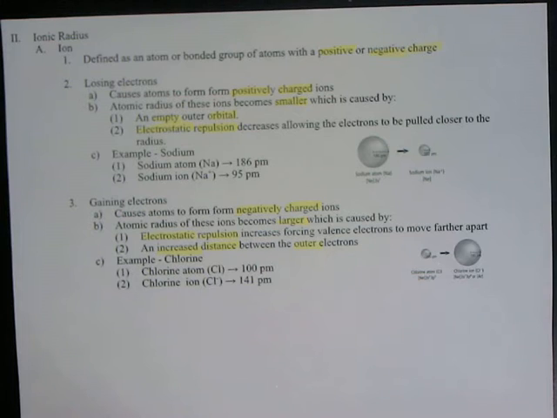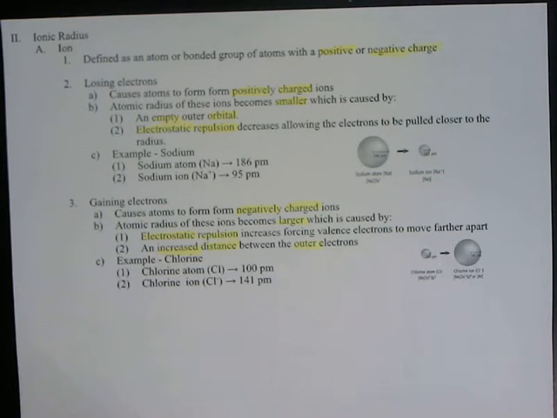And so what happens is that when our ions lose electrons, they form a positive charge. Again, you are losing a minus, or if you want to think about it like math class, you're minusing a minus. And so if we lose electrons, the additional electrons are pulled closer to the nucleus.